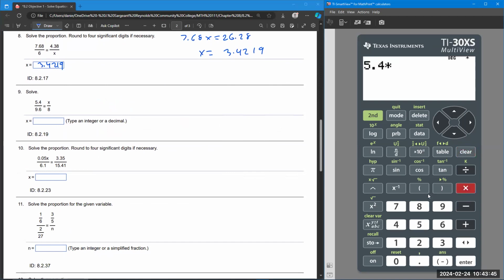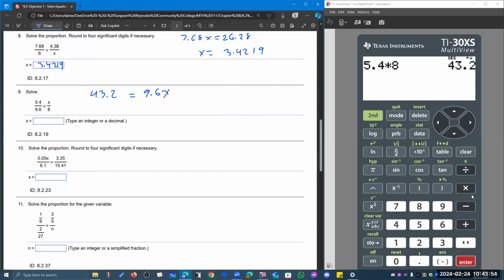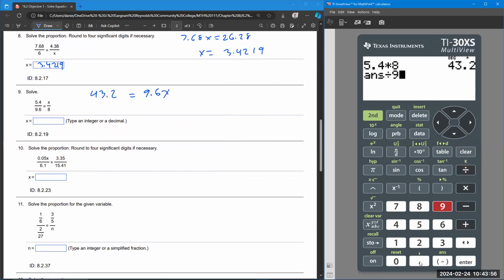Next, 5.4 times 8 is 43.2 is equal to 9.6x. We're going to divide by 9.6 and we get 4.5.